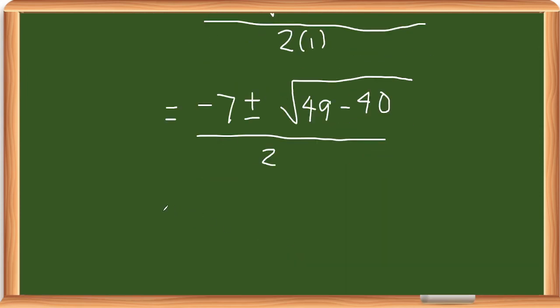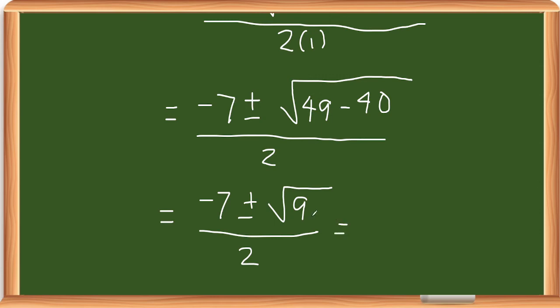So, negative 7 plus and minus the square root of 49 minus 40 is 9, all over 2. Alisin na natin yung radical sign because you all know that the square root of 9 is 3. So, that is negative 7 plus and minus 3 all over 2.